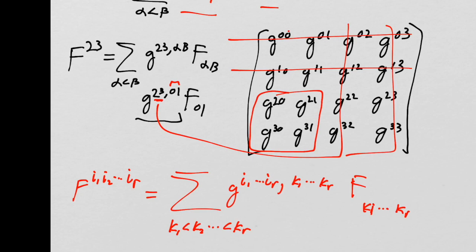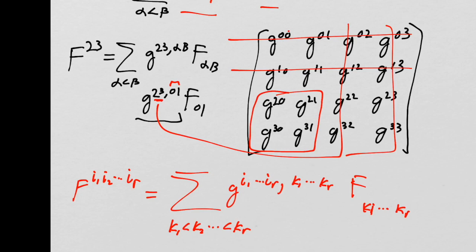So we're trying to find the I1, I2, I3, IR component, and we take the component we're seeking, we put it on the left side of the comma for this symbol, and then we sum over all the strictly increasing values of R indices, which we sum over here. We put that on the right side, and this represents a minor.